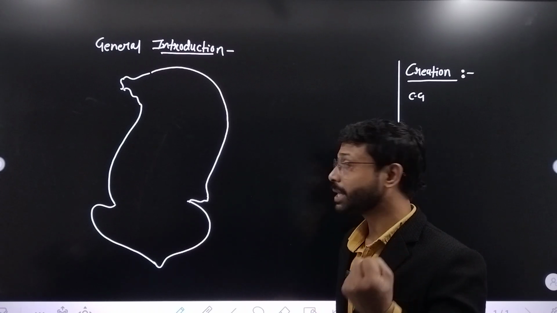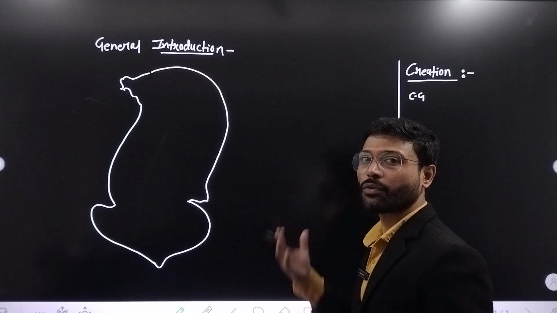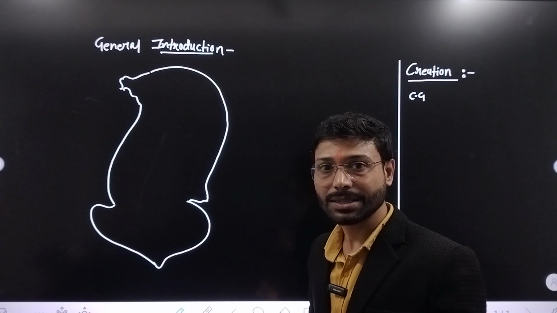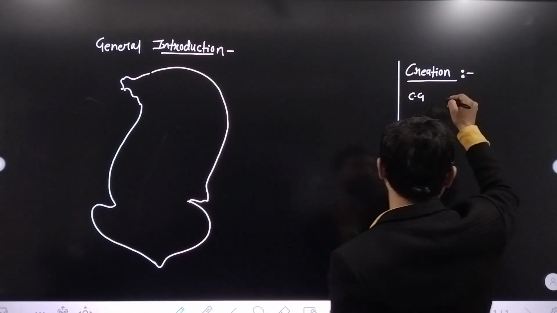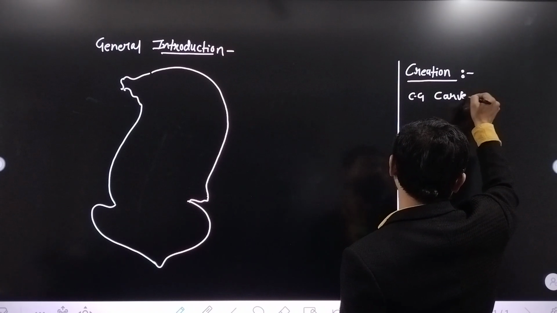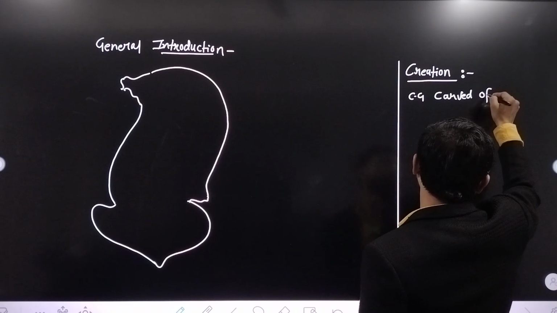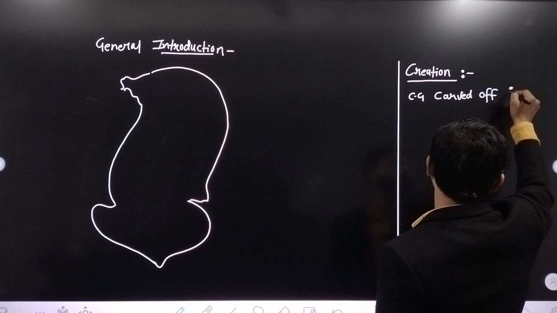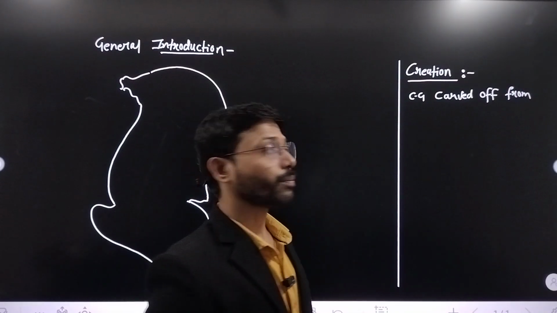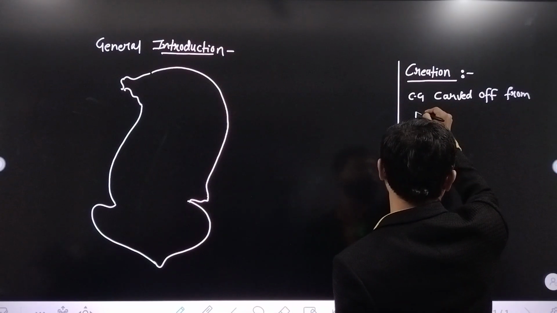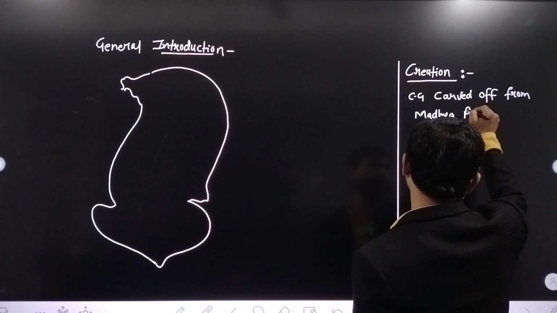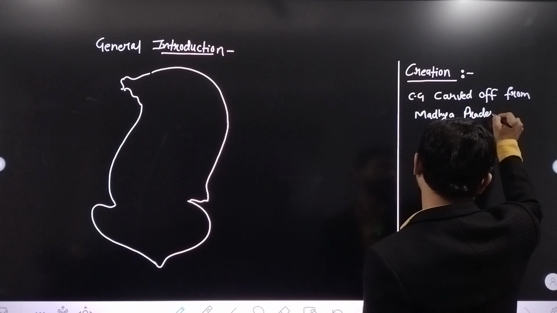Carved out means it is separated from an already existing state, which is Madhya Pradesh. So Chhattisgarh carved off from Madhya Pradesh.